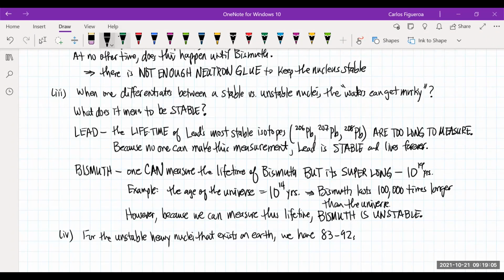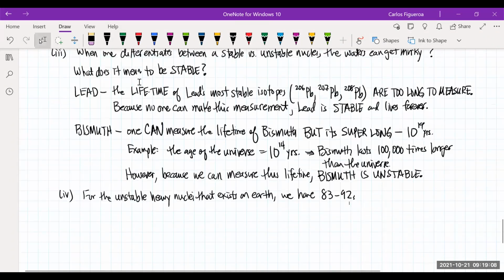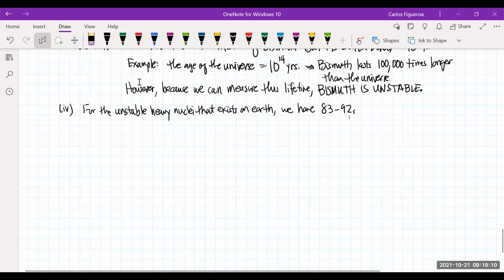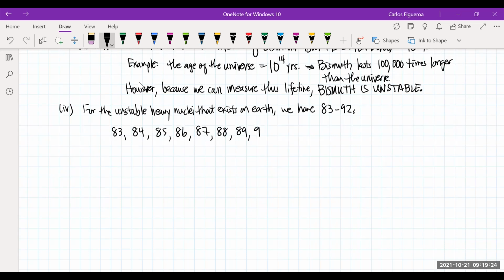So let's go look at these things here. So if you look at these guys, again, it gets murky because this is 83, 84. And if I just keep going through these numbers, you'll see that there's a reason to all of this madness.